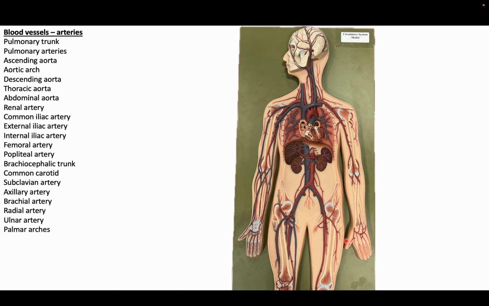When we study arteries, these are blood vessels that are carrying blood away from the heart. Most of the time, the vessels that are going away from your heart are carrying oxygenated blood. But there are situations where the arteries going away from your heart are carrying oxygen poor blood.